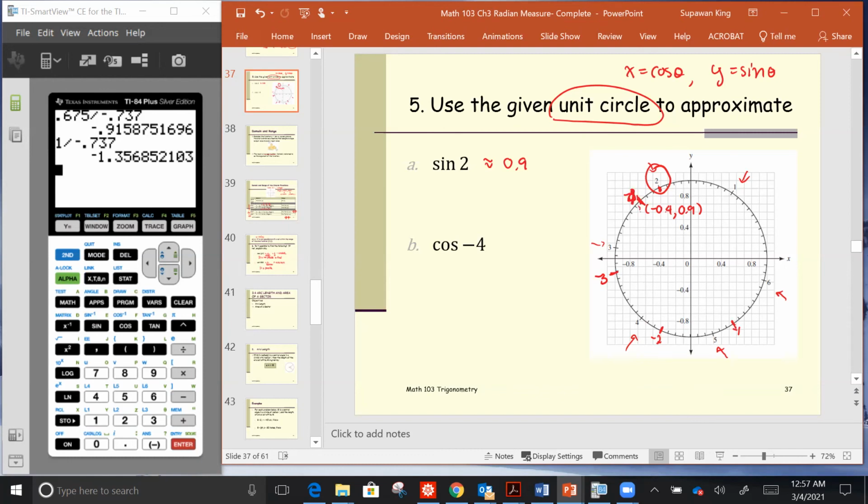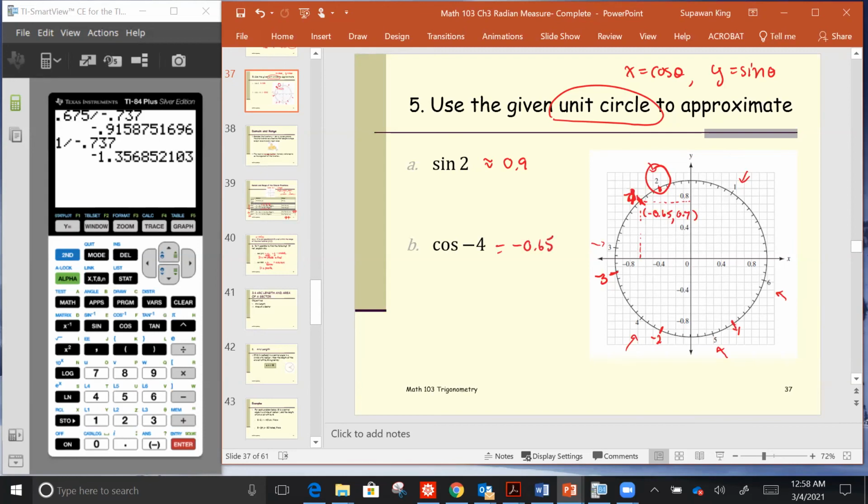So the ordered pair, the x coordinate is about negative 0.65. The y coordinate is about 0.7. We take the x value for the cosine of negative 4, which is about negative 0.65.